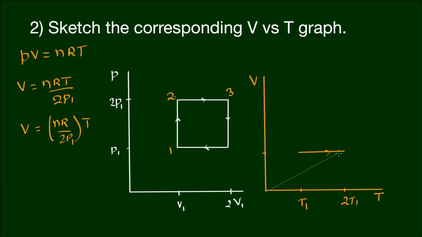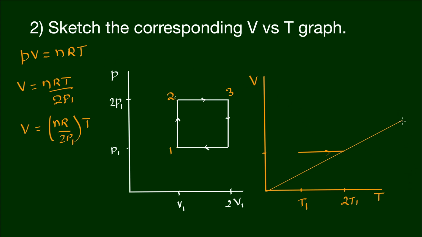So from here, our graph will be a line that will be like that. And how far do I draw this? From 2 to 3, the volume has doubled at constant pressure. That means the temperature will double. So from 2T1, it goes all the way to 4T1.